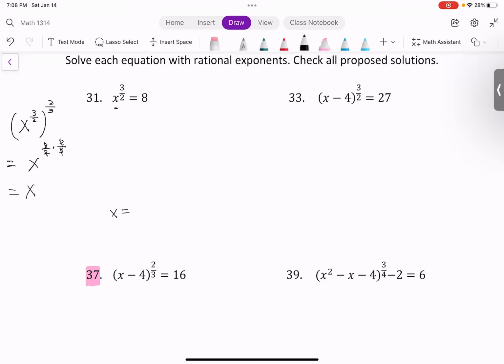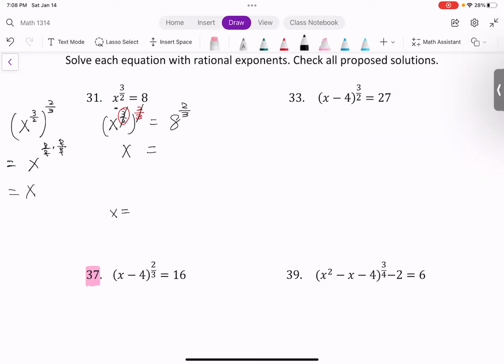That means I raise the power of x to the 3/2 to the reciprocal of this one. Reciprocal means you flip it, raise it to the 2/3. On the other side, we also need to raise it to 2/3. Then this part cancels, we get the single x.